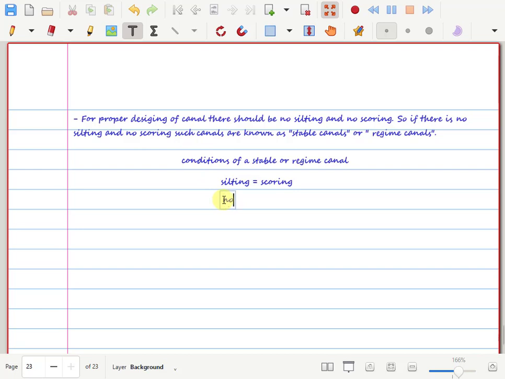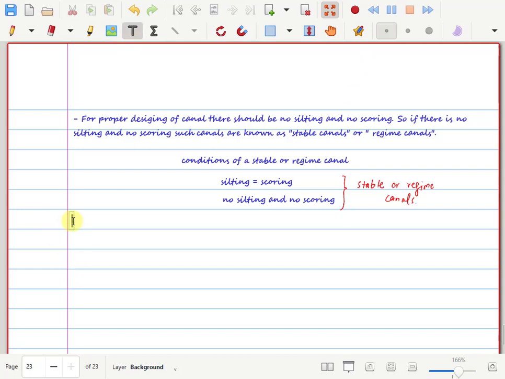Or second condition is if there is no silting and no scoring. Got it? So wherever you find these two conditions, you can call such canals stable canals or regime canals. Got it? So let's move to the next point.